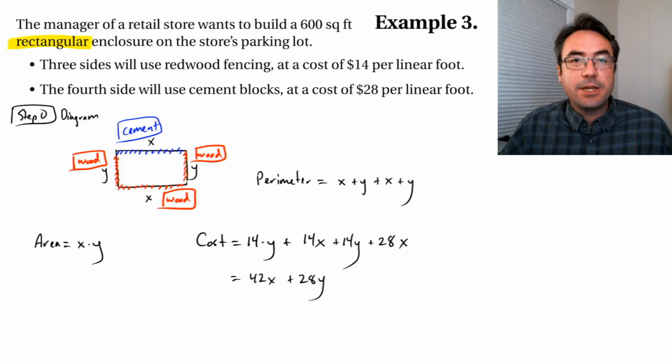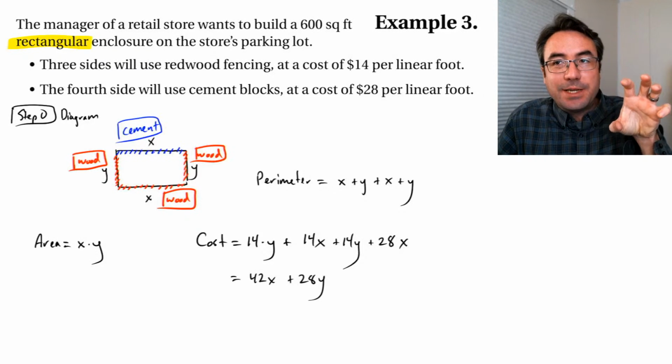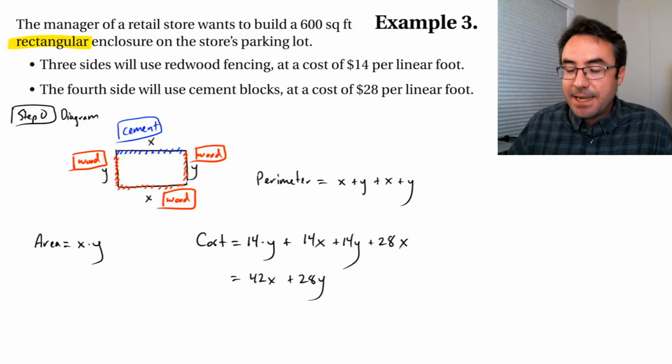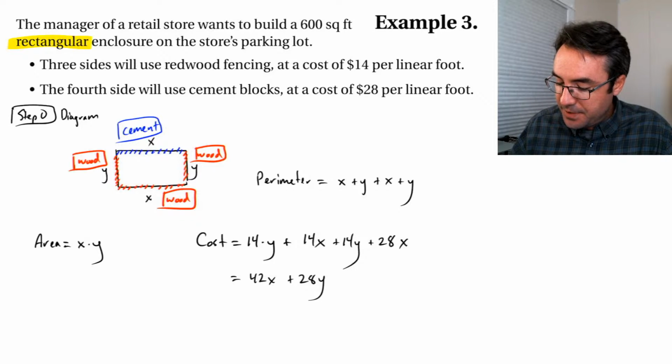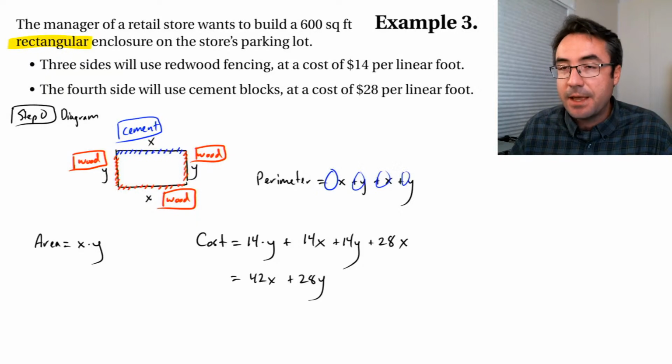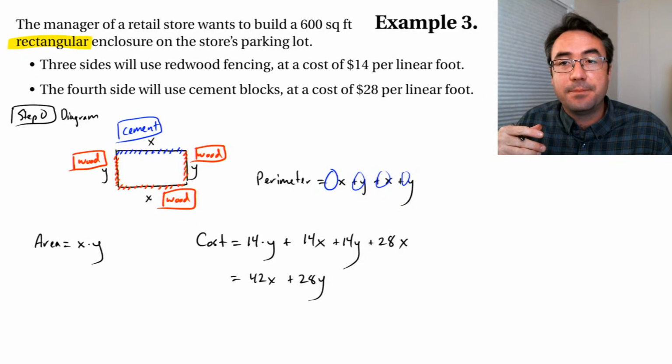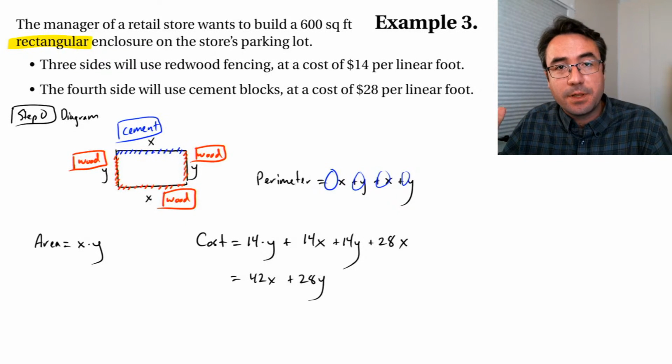So we're not going to use our perimeter equation exactly, but it's similar to what we're seeing in this cost equation, except there are coefficients of these terms, and that represents the cost of building that side of our fence. So we're not going to use that perimeter formula exactly.